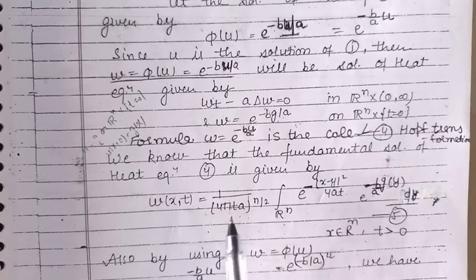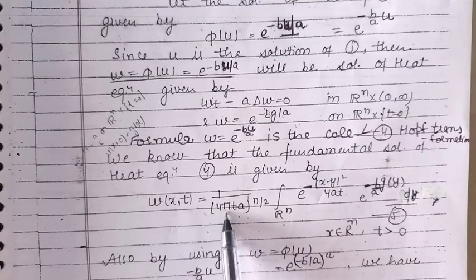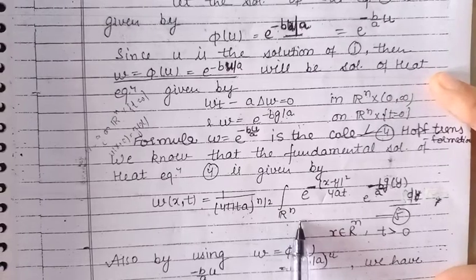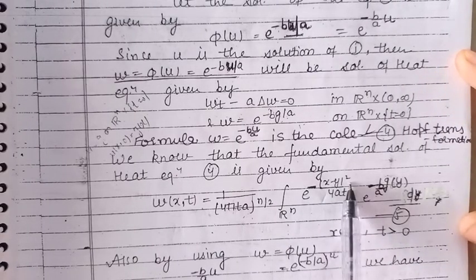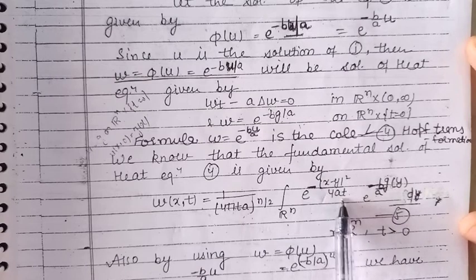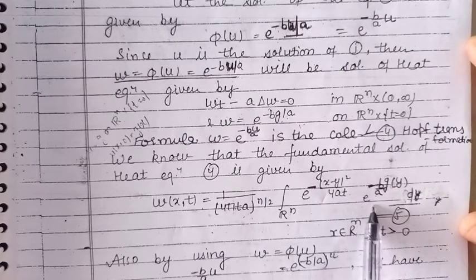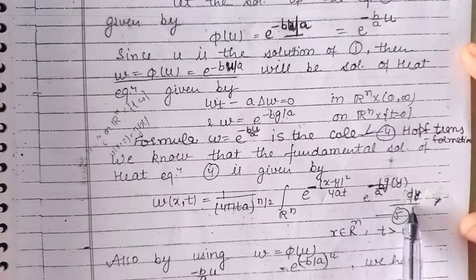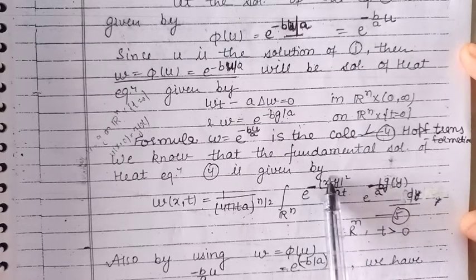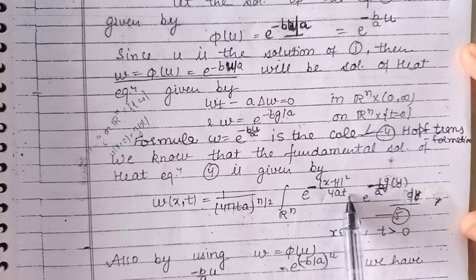This is given by 1 upon 4 pi a t whole raised to the power n by 2 into integral over Rn e raised to the power minus mod x minus y square upon 4 a t into e raised to the power minus b g upon a dy. Here x belongs to n-dimensional real Euclidean space and t is positive.